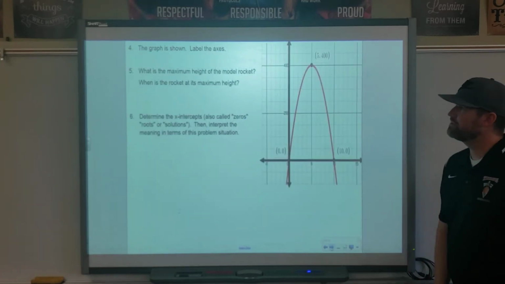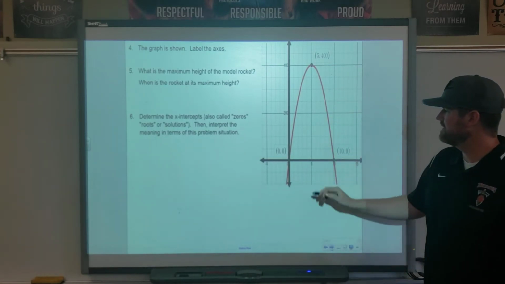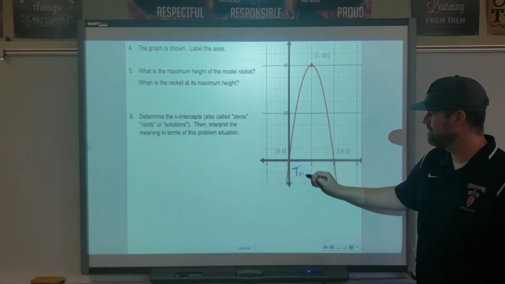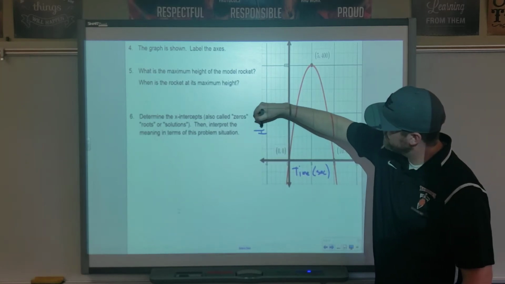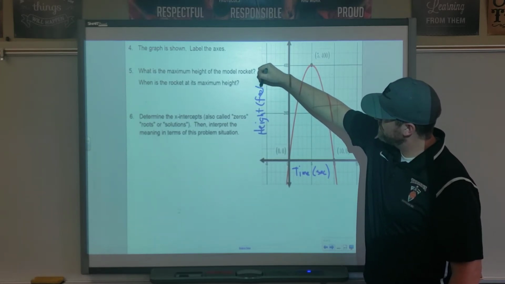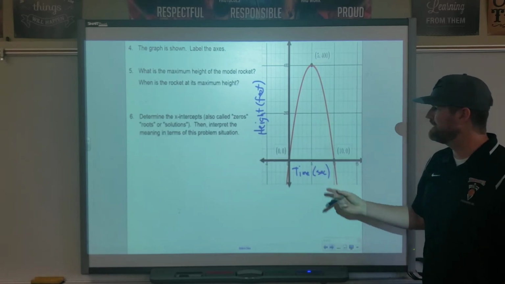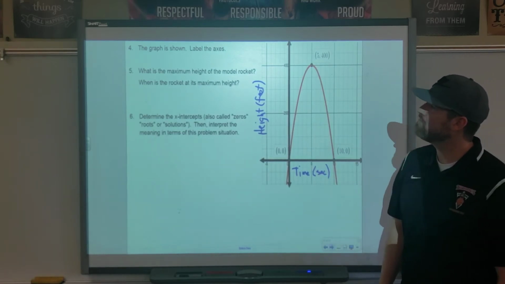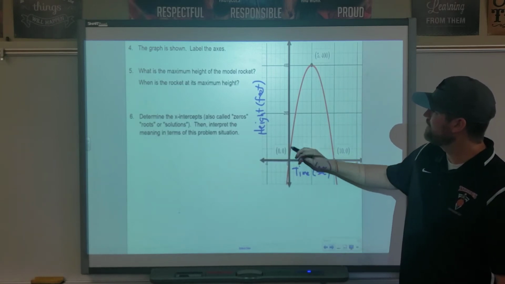So what I went ahead and did was I graphed this, and we're going to label the axes. So again, we know we have time in seconds, and then height in feet. And so we're looking at how high in the air this rocket is, depending on how long it's been since it was launched. The maximum height of the model rocket, well, we have to go to the max, right?